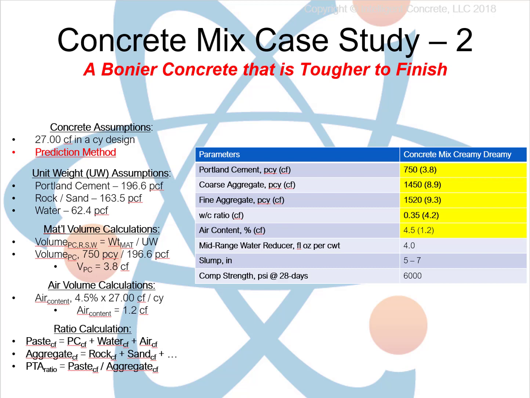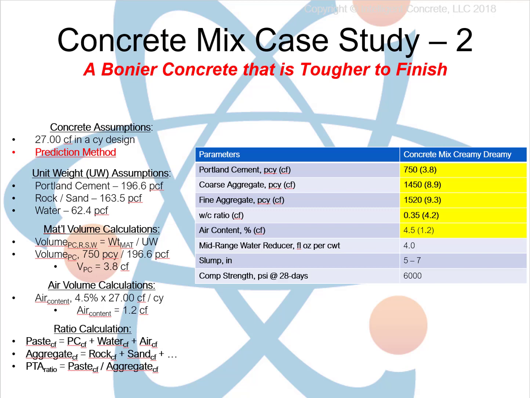The way I do it, let's say for my cement, I take my cement weight, 750 pounds per cubic yard, and I divide it by the unit weight of cement at 196.6 pounds per cubic foot. You can assume this, or if you have the mill report, you'll see the specific gravity of cement to be 3.15.